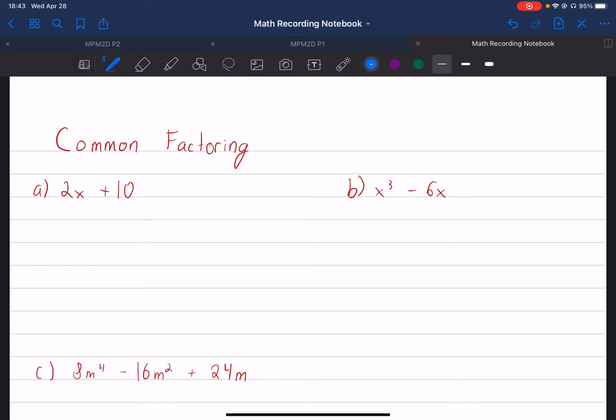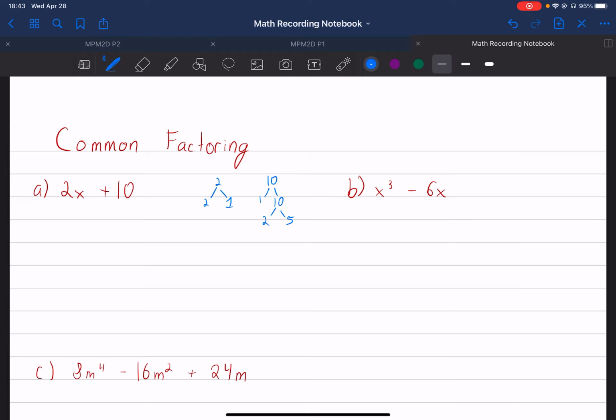So if we're looking at the first one, we have 2x plus 5. What we want to do is figure out what are the common factors between both of these numbers. So we can do a factor tree to figure it out if we can't see it immediately. If we decompose or factor 2, we're going to see that it's only 2 and 1. 2 is a prime number, so the only way we can get 2 being multiplied is by 1.